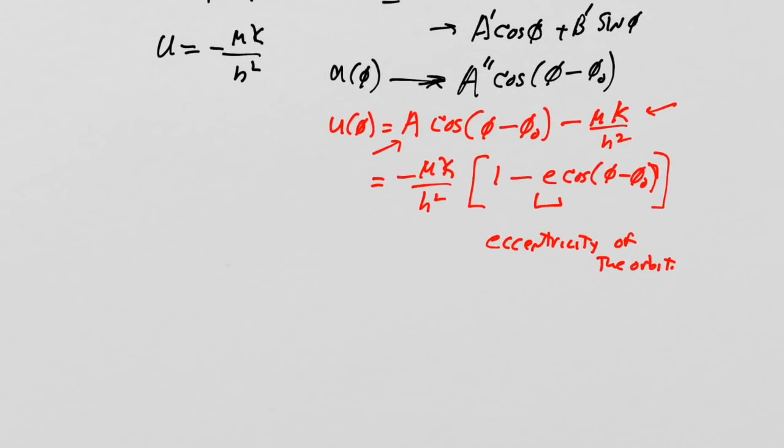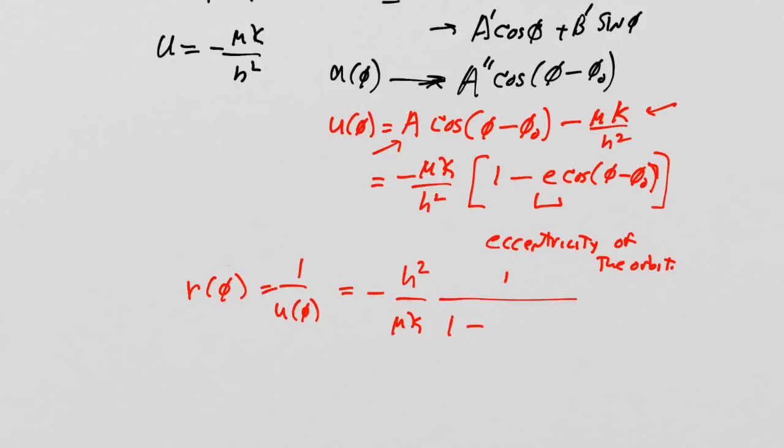And then from this, we just come up with r of phi is 1 over u of phi, which is minus h squared over mu kappa times 1 over 1 minus e cosine of phi minus phi 0, like this.